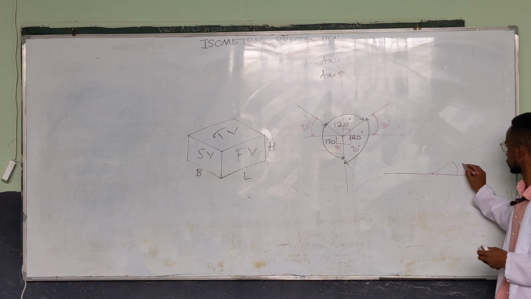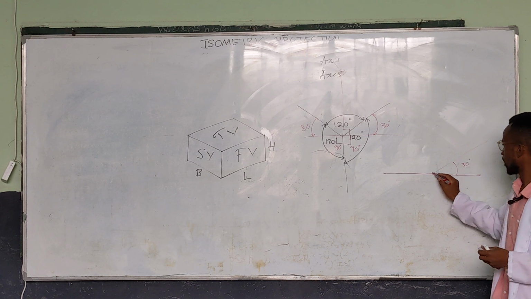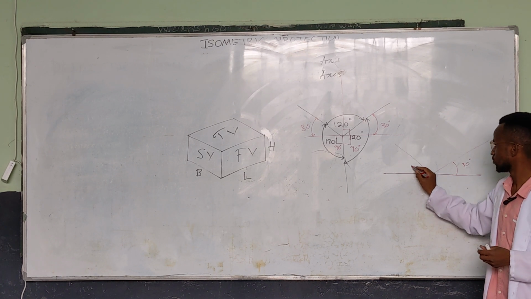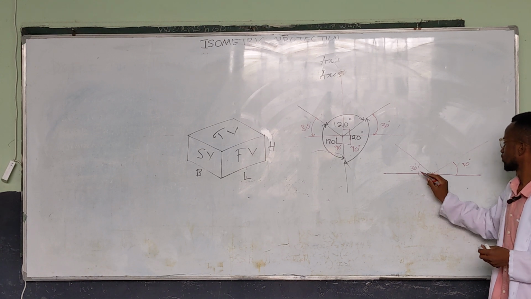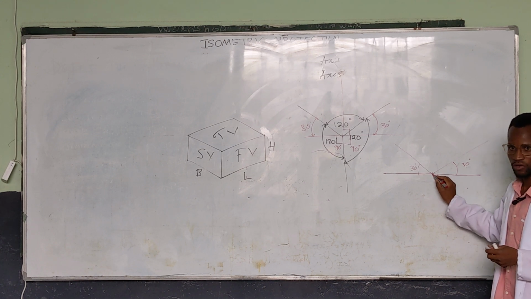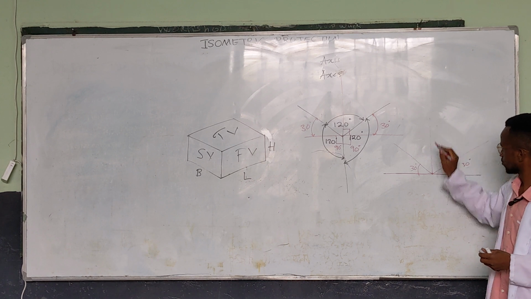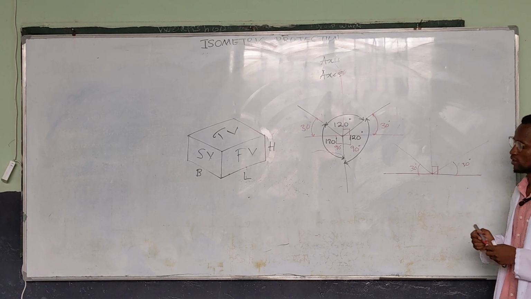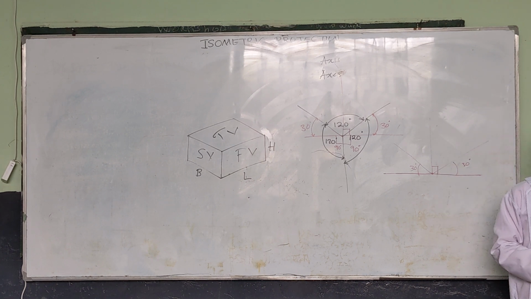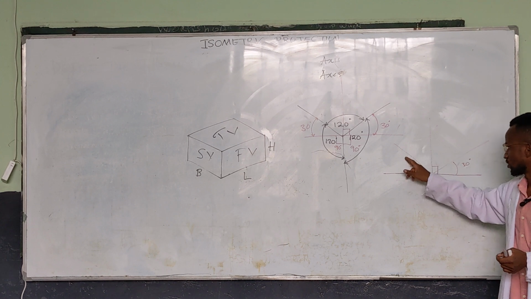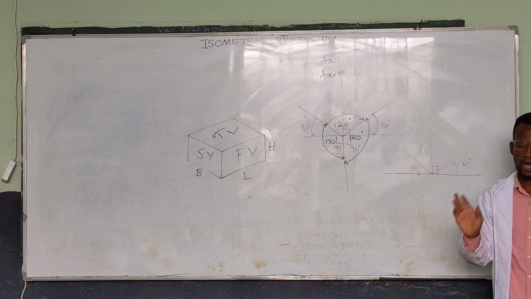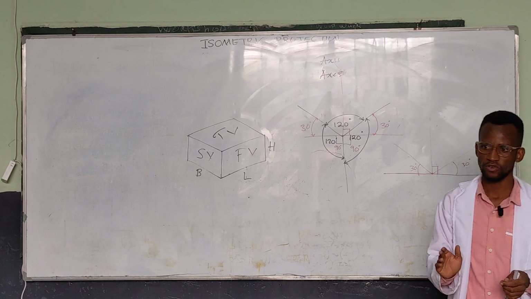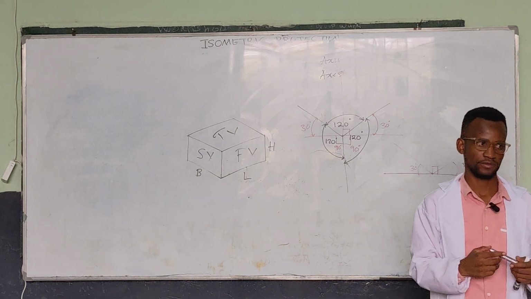And another line at what angle? And another line from the same point at what angle? 90. So these three lines that are drawn like this, 1, 2, 3, are called isoaxes, or isometric axes.